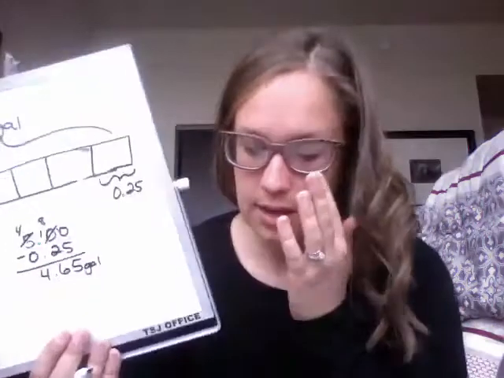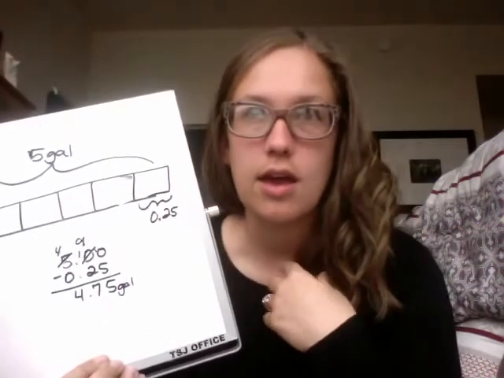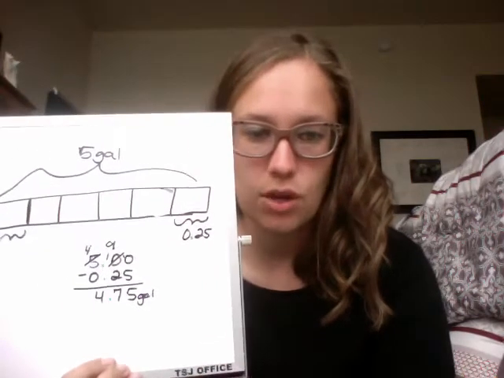Which gives me, oh, my math is wrong. Glad I caught it. Which gives me 4 gallons and 75 hundredths of another gallon. So 4.75.